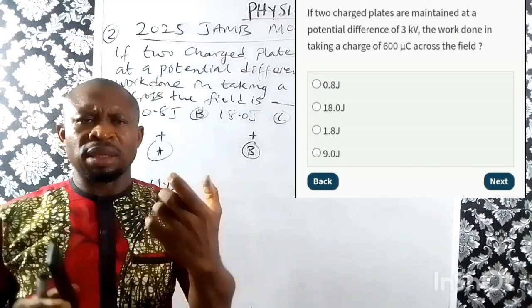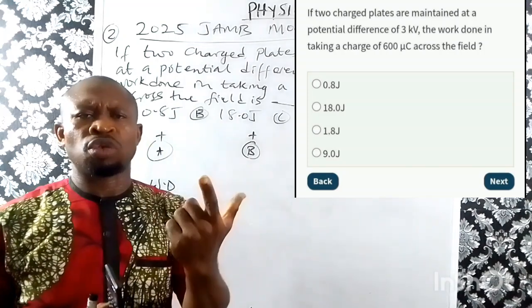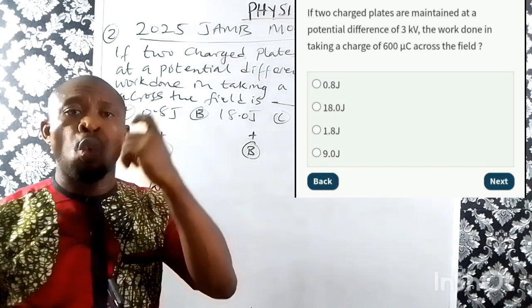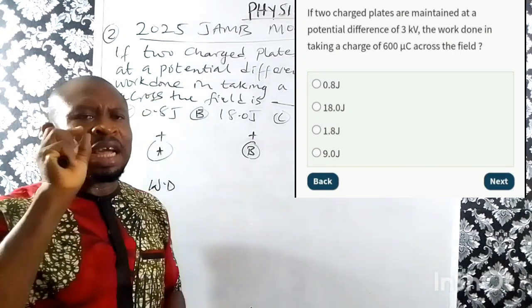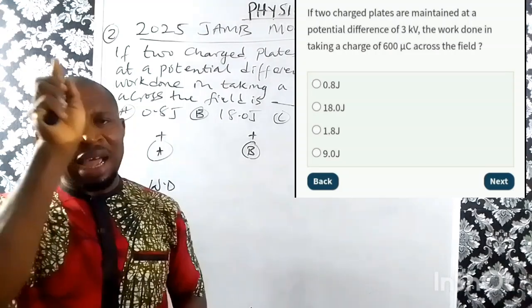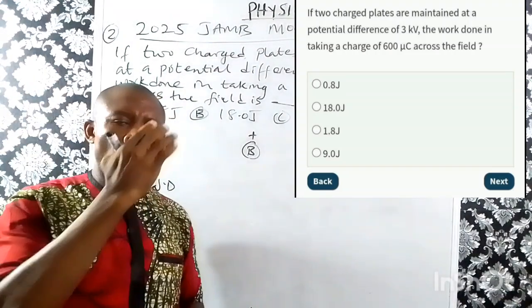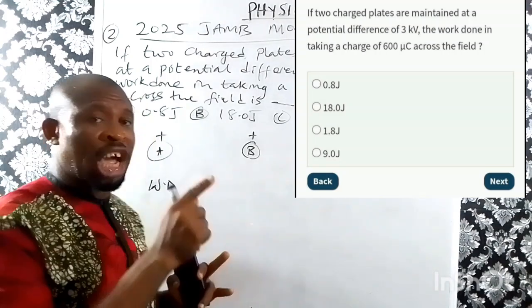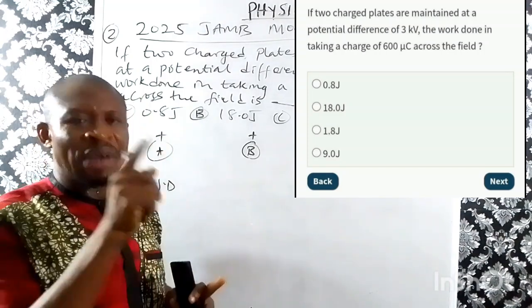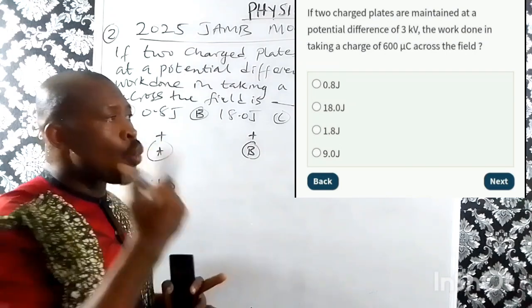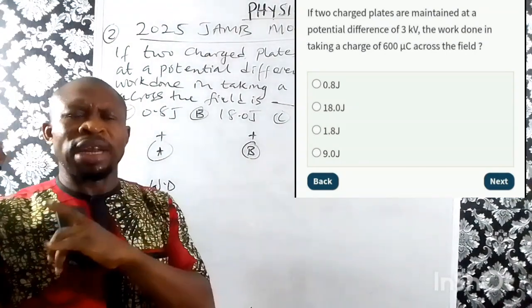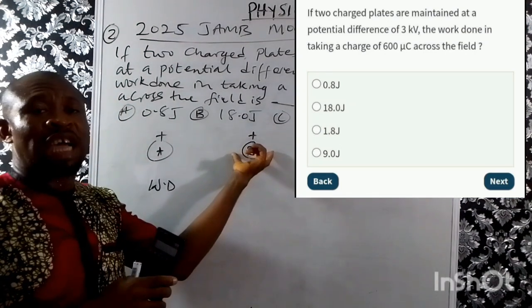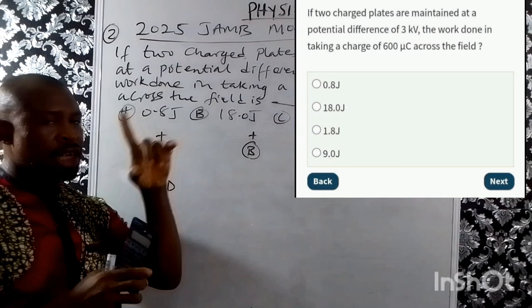If we can take our mind back, we'll discover that potential difference is nothing but the work done in taking a charge of 1 coulomb round a circuit, or from one point to another. Whereas the energy stored in a capacitor is the work done in taking an uncharged plate to a charged plate. They are two different things.